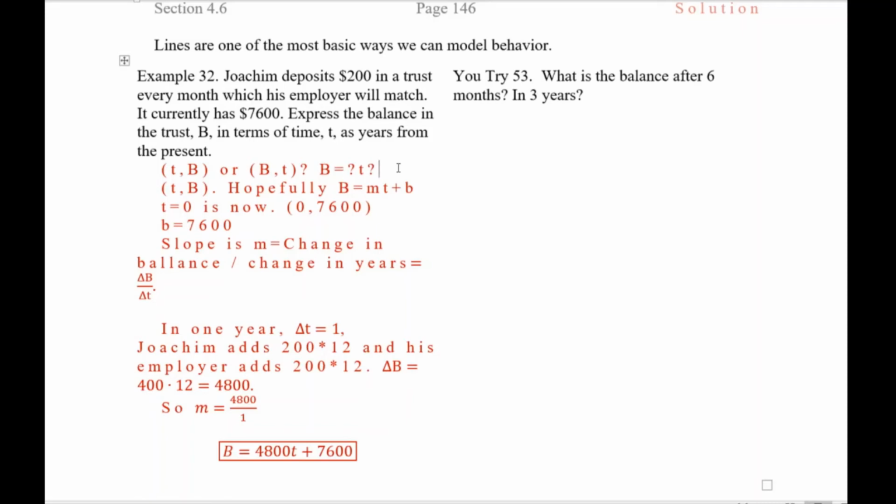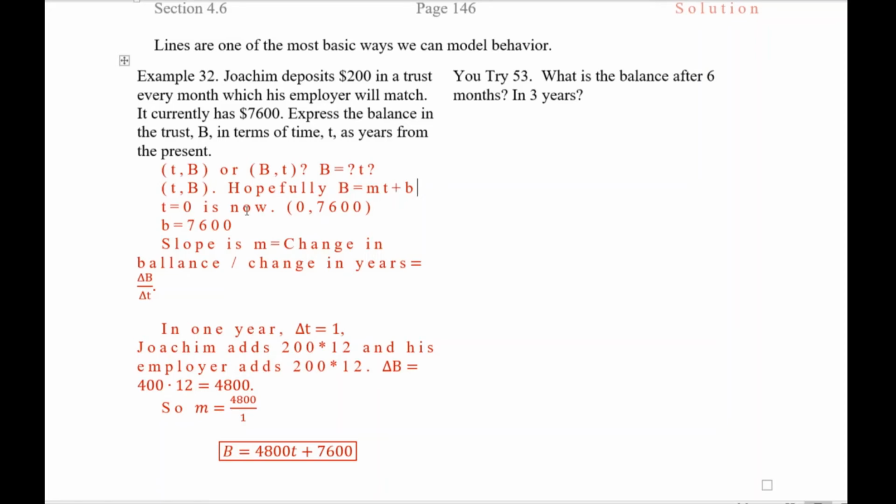Recall when we were using the variables x and y, we generally like to solve for the second coordinate, y. Therefore, we're going to use this order. T is my first coordinate, b will be the second coordinate. Hopefully we'll be able to create an equation, capital B equals m, slope, times t plus little b, my y-intercept.